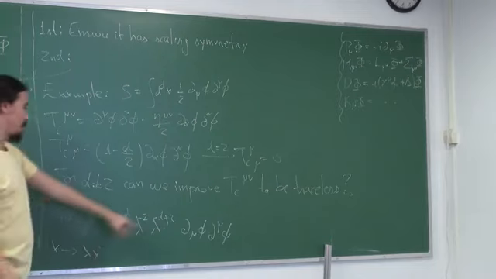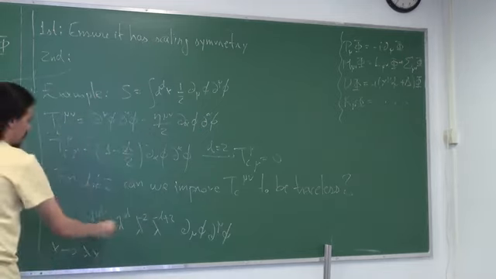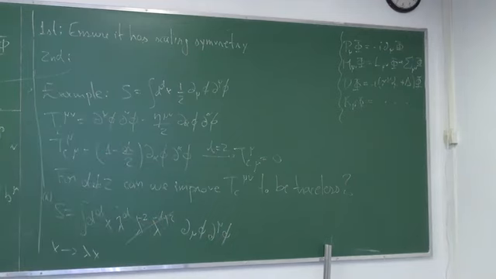So it is minus d plus 2. You see, this all cancels. So the action has scaling symmetry.